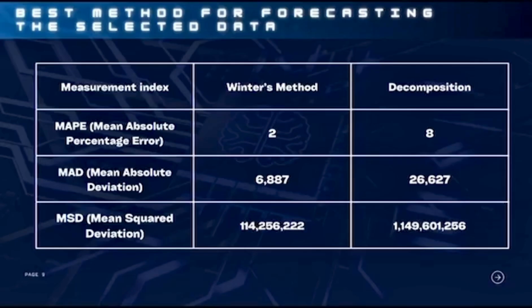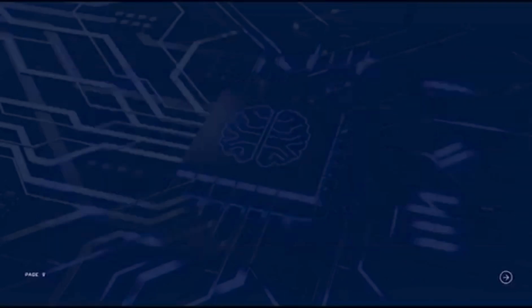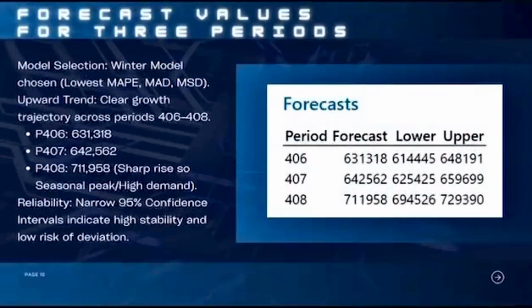As you can see in this table, we look at the MAPE. The Winters method has only 2%, whereas the decomposition method has 8%. Therefore, the Winters method is the best choice for this dataset. Using the Winters model, we generated a forecast for the next 3 periods.